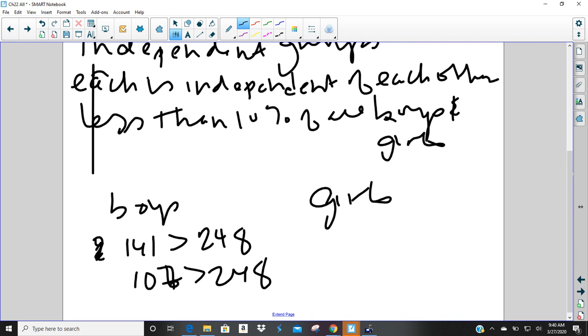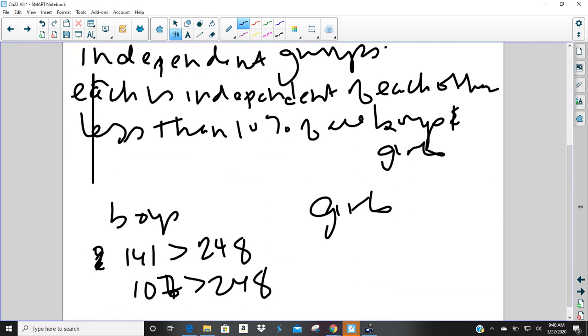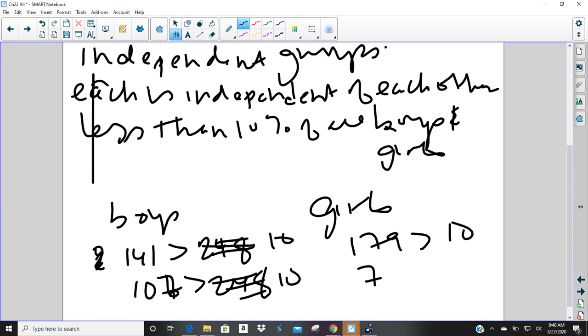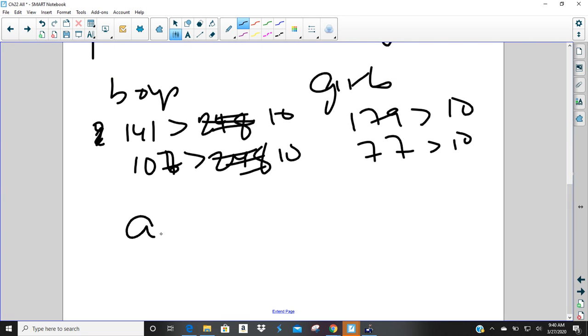Girls, it was 70% of 256, which is 179, which is greater than 10. Why am I writing this? It should be 10 right here. Sorry about that. And then 256 minus 179, we have 77, which is greater than 10. So what I would say is that all conditions are met.